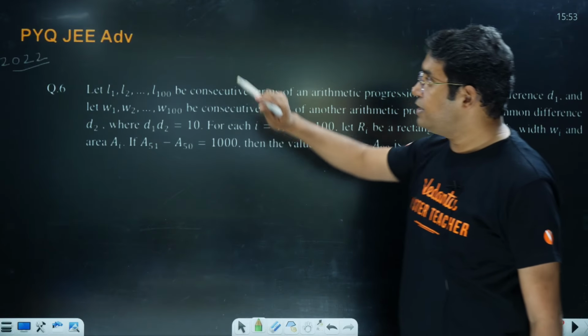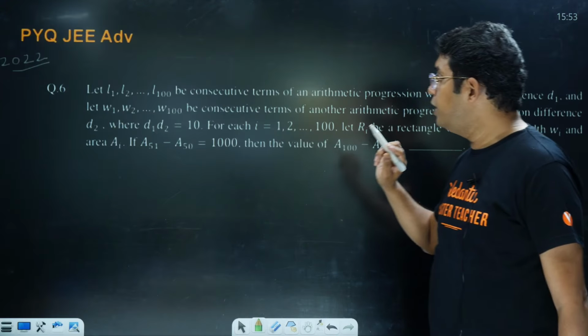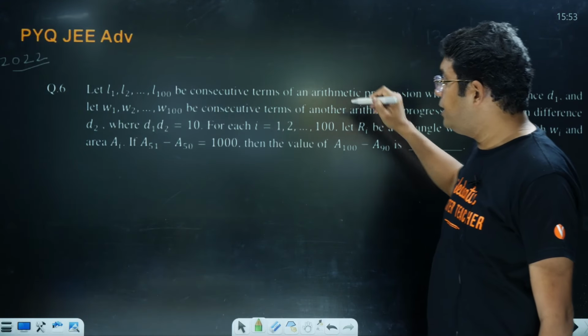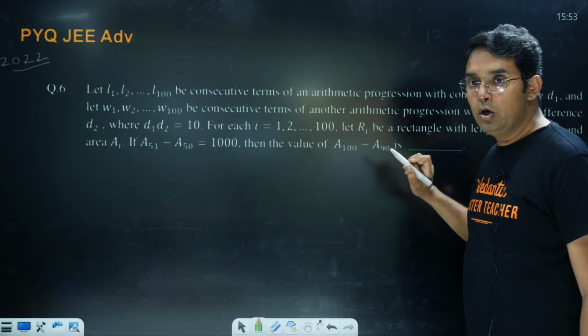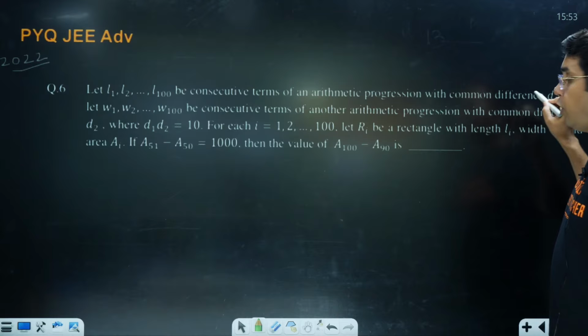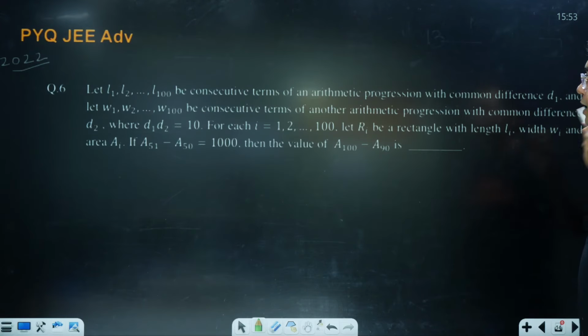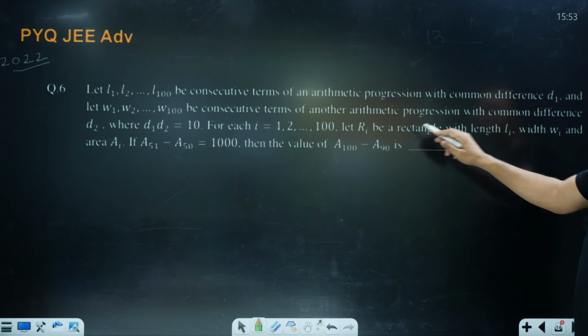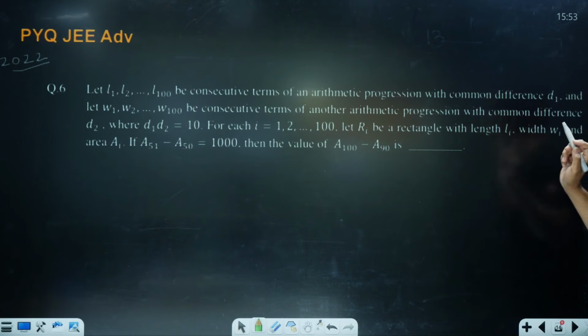So this is one previous year question of 2022, where we are given L1, L2, L100 consecutive terms of AP with common difference D1, and W1, W2, W100 consecutive terms of another AP with common difference D2.